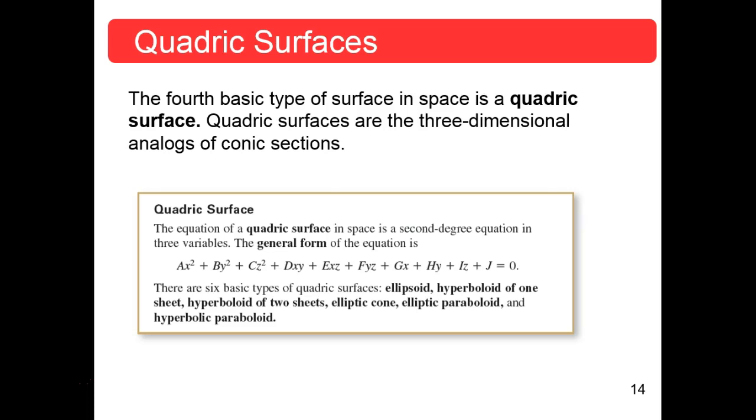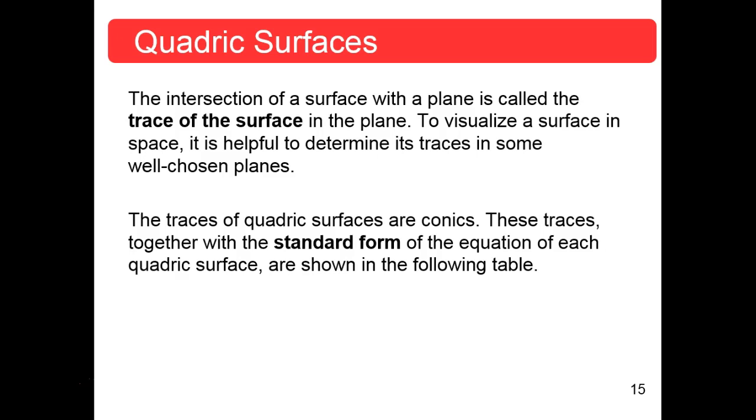So, I've been doing this, and you haven't even seen them, but I'm just showing how the names correspond to what we were seeing before. All right. The intersection of a surface with a plane is called the trace of the surface in the plane. Okay?